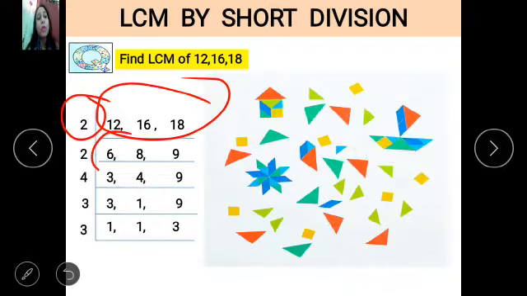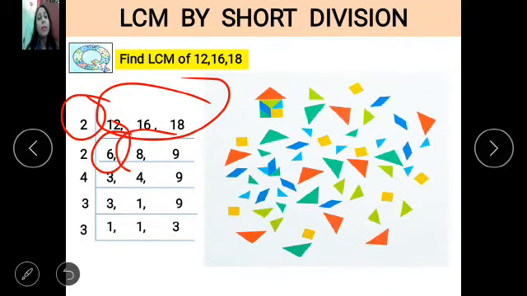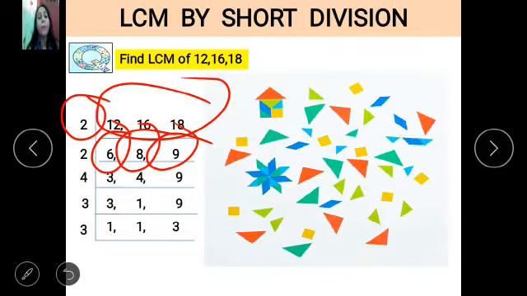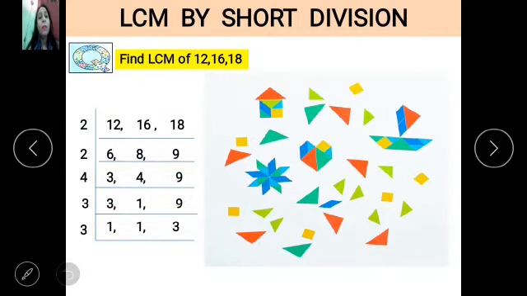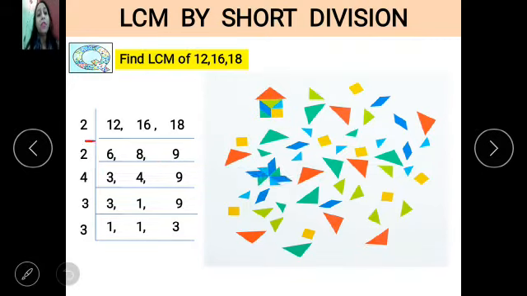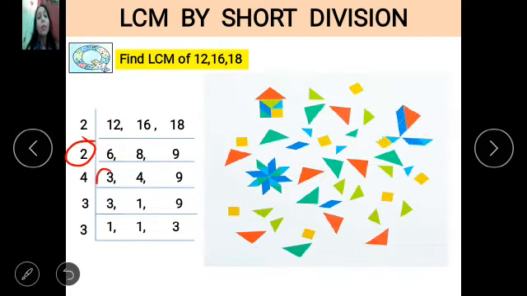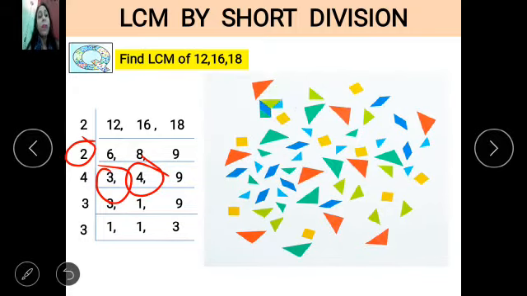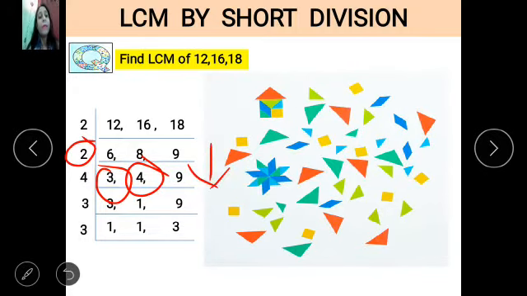So 6 2s are 12, 2 8s are 16, 2 9s are 18. Now again you divide by 2. 2 3s are 6, 2 4s are 8, and 9 comes down.